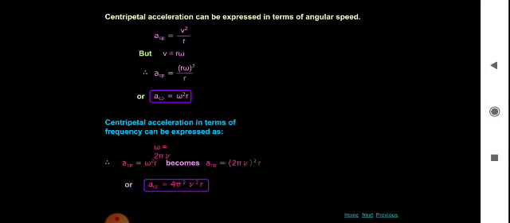Centripetal acceleration in terms of frequency: omega is equal to 2 pi nu. So centripetal acceleration is equal to omega square into R. Therefore, with omega equal to 2 pi nu, centripetal acceleration in terms of frequency becomes 4 pi square nu square into R, where nu is the frequency. A_CP is the centripetal acceleration, R is the position.